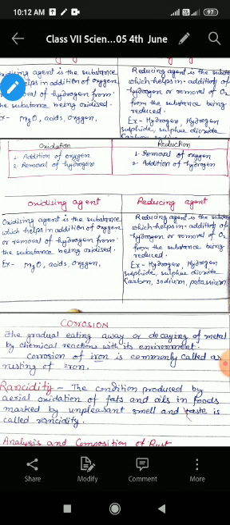These materials become rancid and the process is called rancidity. Rancidity can also be defined as the condition produced by aerial oxidation of fats and oil in food, marked by unpleasant smell and taste.